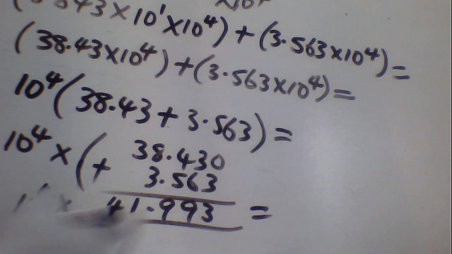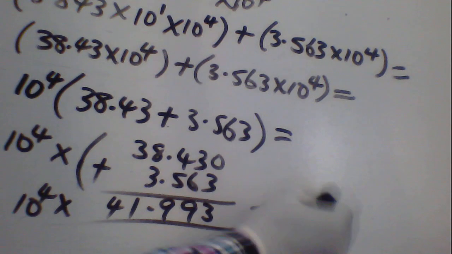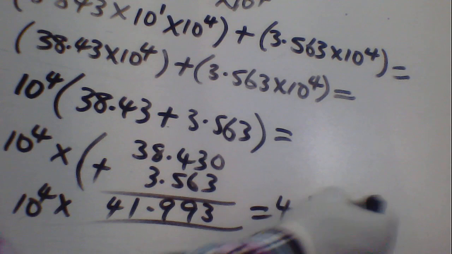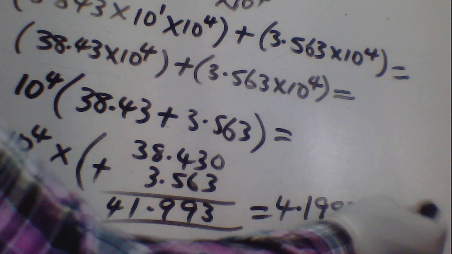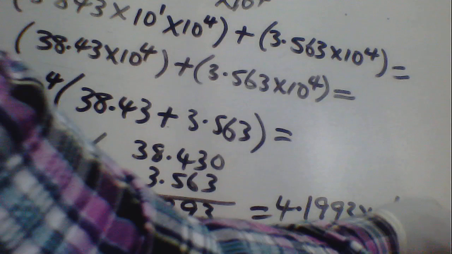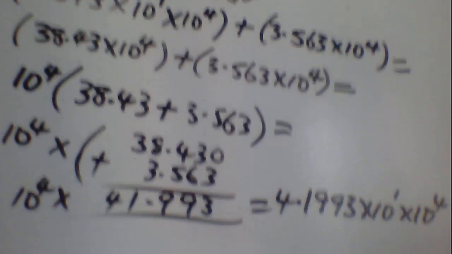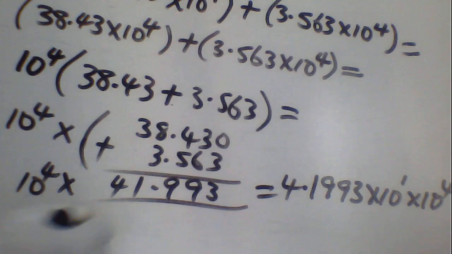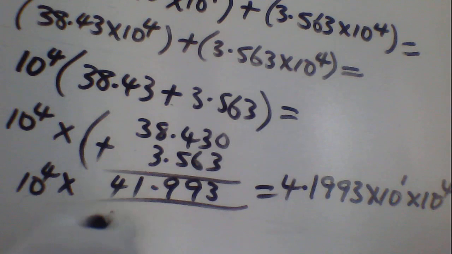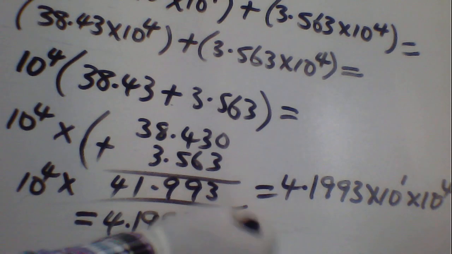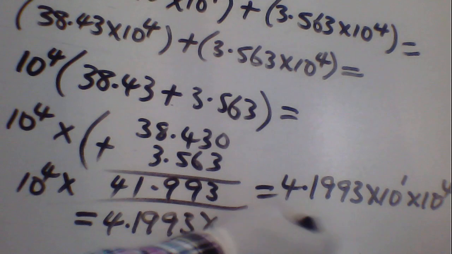Observe that this is 41.993. So I can rewrite this as 4.1993 times 10 raised to the power 1 times 10 raised to the power what? 4. So what is the next thing you have to do? You have 4.1993 times 10 raised to the power 1 plus 4.